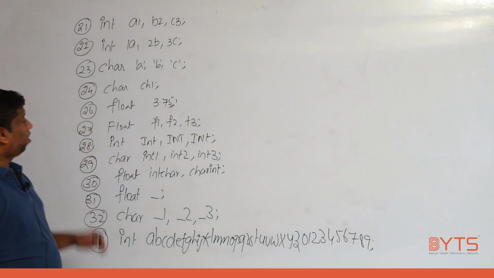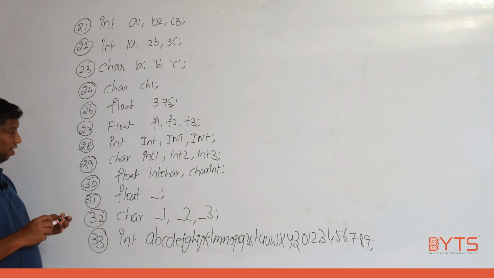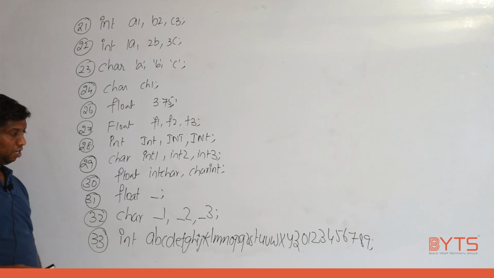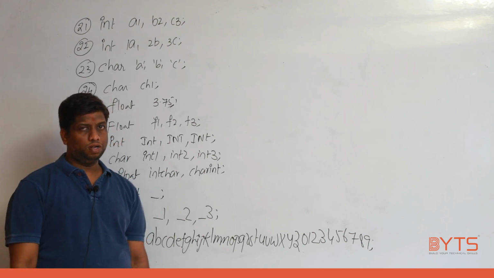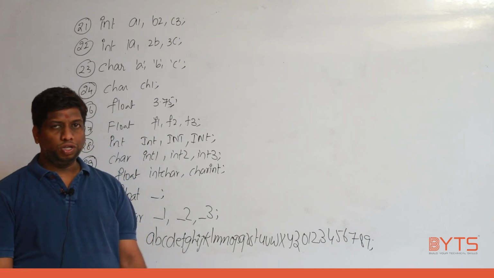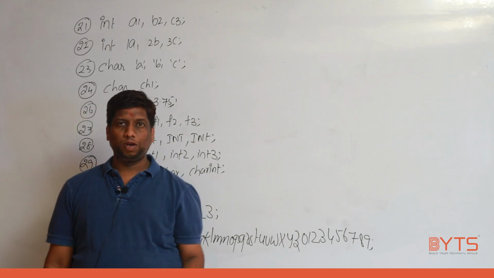So pause the video and try to find whether the questions are valid or not valid. You can take 1 minute or 2 minutes and do it. Well, before we start doing that, we'll summarize the points so that you are able to do it, right?